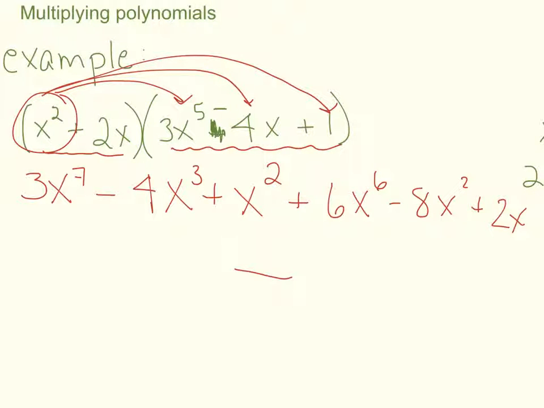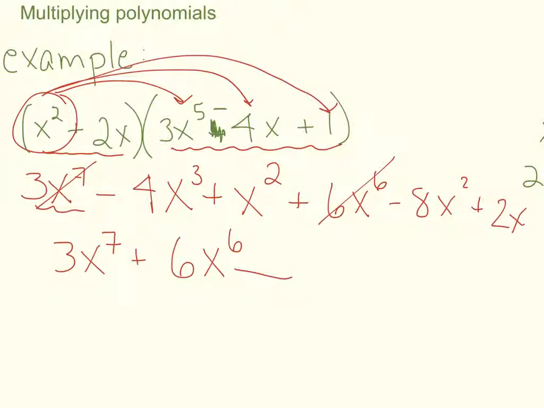We have just a single x to the seventh, so we know we're just going to be left with 3x to the seventh. The next lowest term is this 6x to the sixth, so we'll have plus 6x to the sixth. I'm going to cross them out as we're done with them.